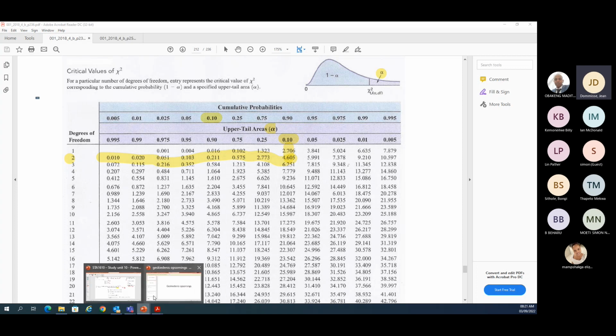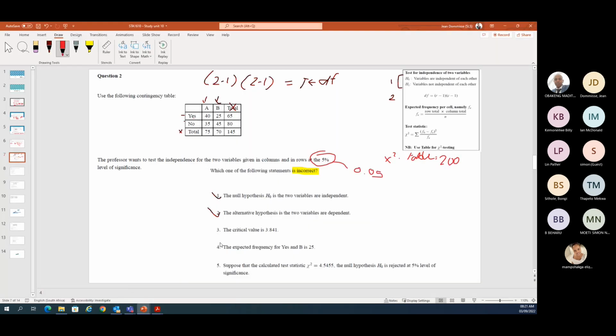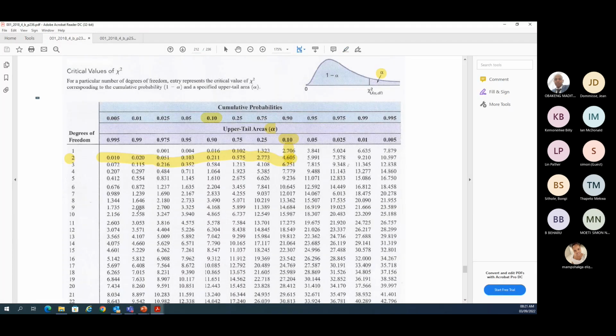Sure, it's way too early. Was that wrong? Let me just check why I am wrong. The degrees of freedom is 1.